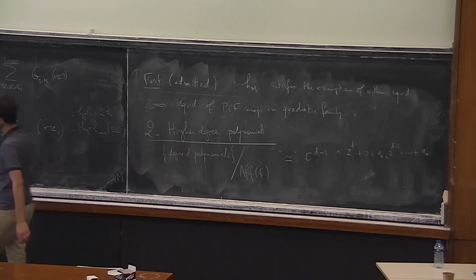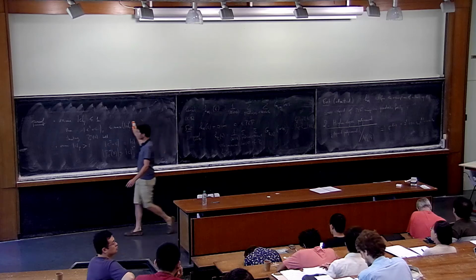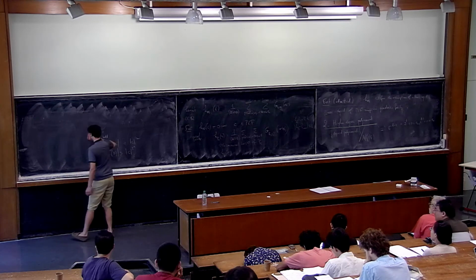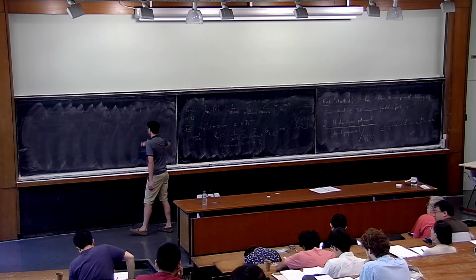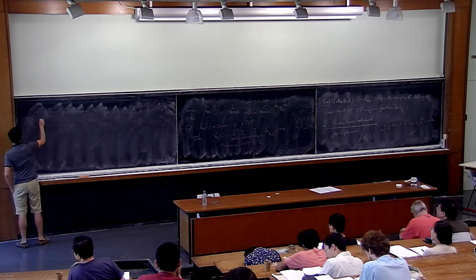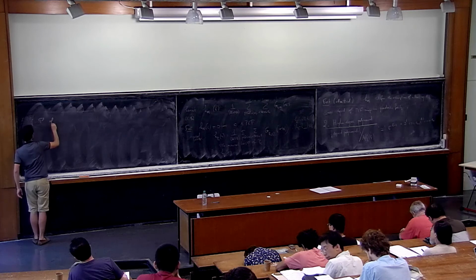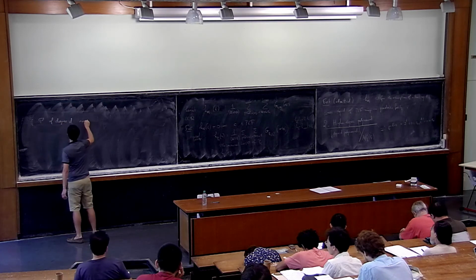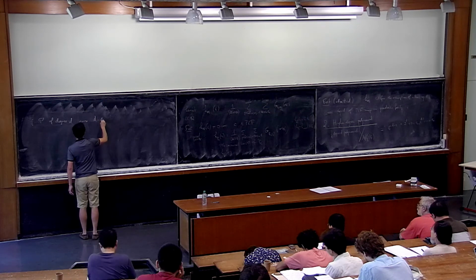And again, in this space, when you take such a polynomial, if P is of degree d, it has d-1 critical points.